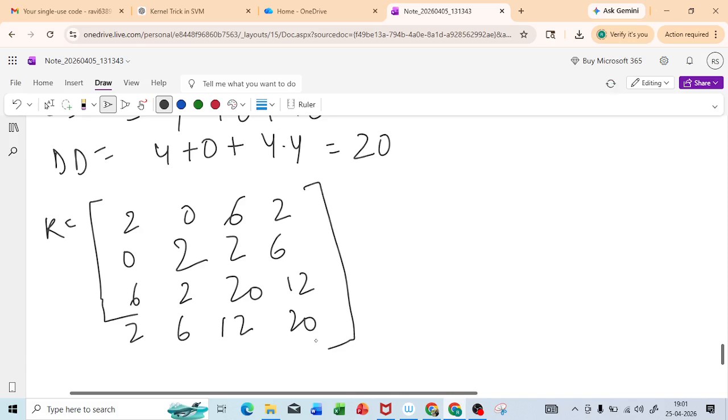Again I reiterate what a kernel is. A kernel tends to do all that without actually taking the points to a higher dimension and using a hyperplane to separate them.